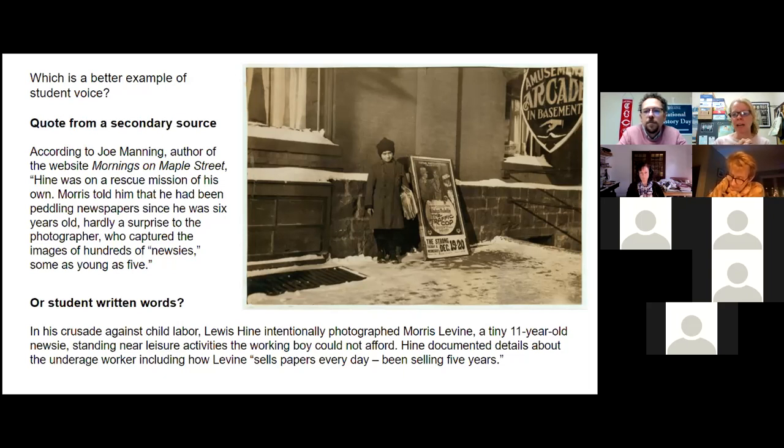It's a great website with a lot of great information, but it's not something the students should necessarily be quoting. They can use it for research, but put it into their own words, and using their own words will get them higher on the rubric for good use of student voice.